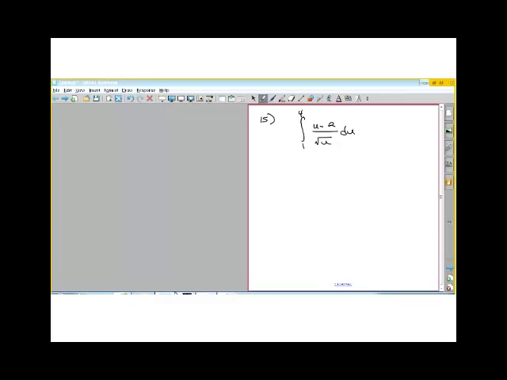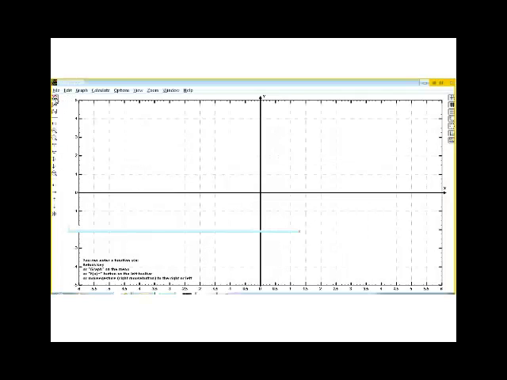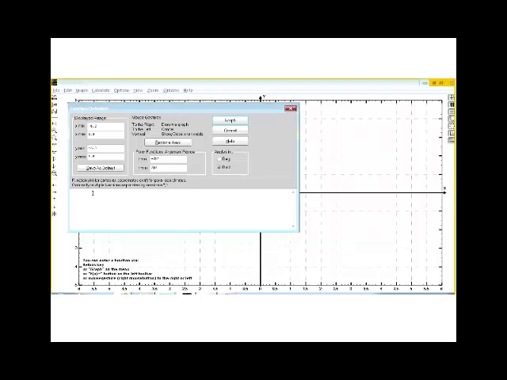So let's go to the graphing program. What we're going to do is put in that function. So we have x minus 2 divided by the square root of x. That's the function, and we're going to go between 1 and 4.